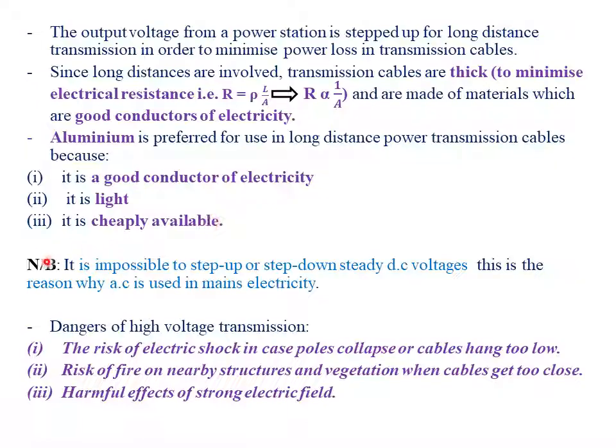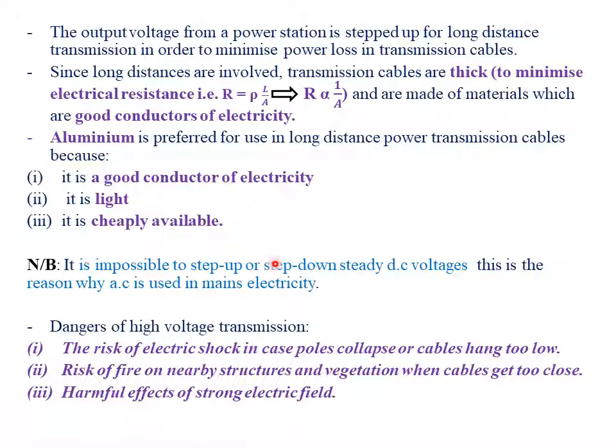Then we are saying that it is impossible to step up or step down steady direct current voltages. This is the reason why we don't use direct current voltages in the mains electricity. Because remember, in the mains electricity, we need to step up the voltage from the power station when we are transmitting to the local substations. The reason is to reduce the energy losses on the way.